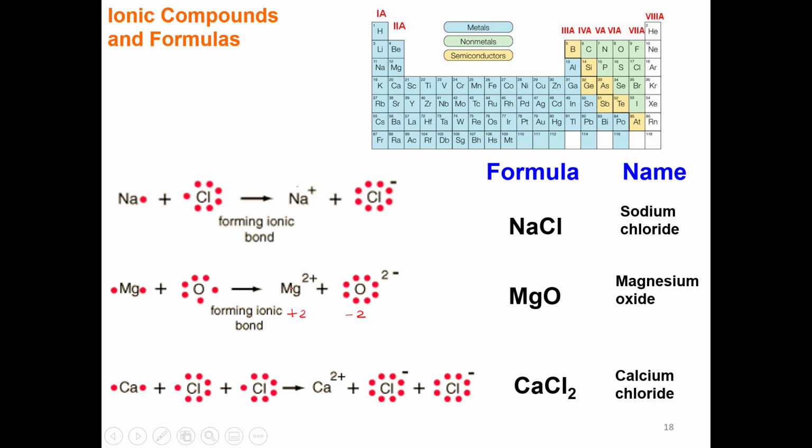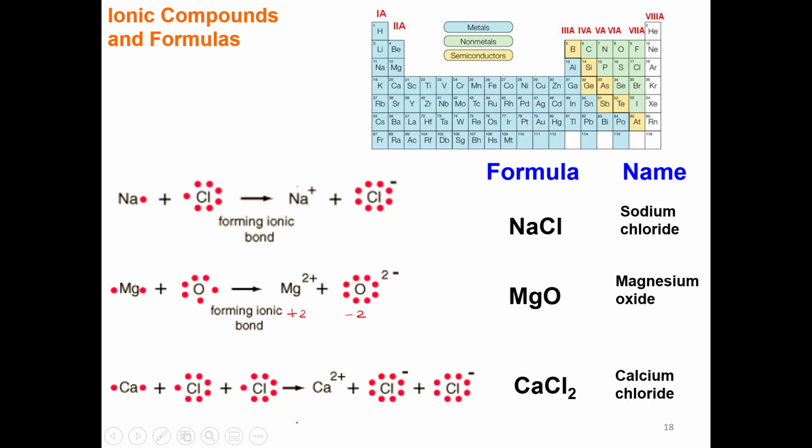Then magnesium, oxygen. And now we want to write the name of this. We write the name of the metal, which is magnesium. And then we don't want oxygen, we change the termination to oxide. And the name of this compound is magnesium oxide.